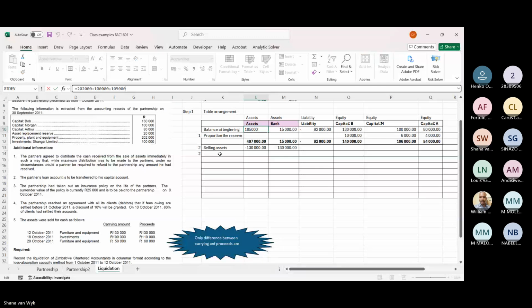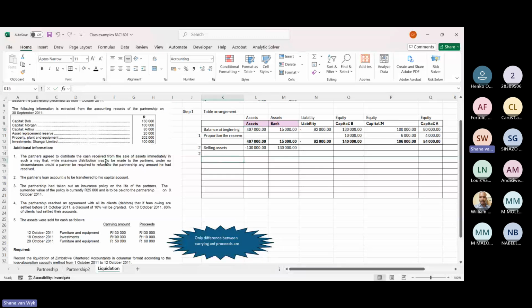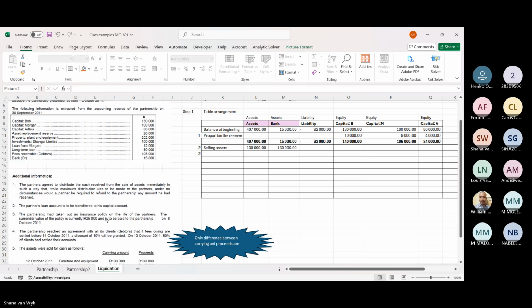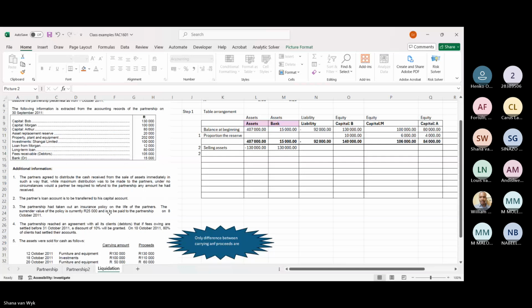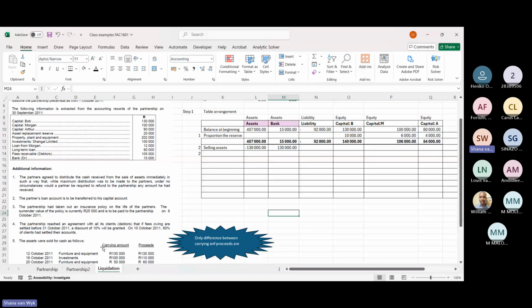The question here just said the cash received from the sale of assets, which I understood as only this sale, but if you look at number 5, where do they talk about the assets? Or the debtors?